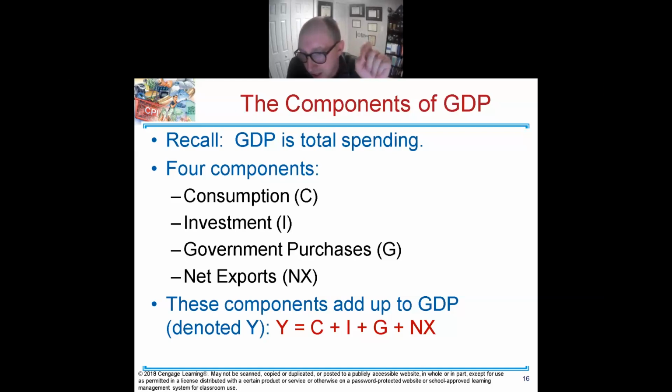Consumption is the utilization of the resources. I'm using labor in the company. The household is using goods and services bought from the company. It's consumption. C.